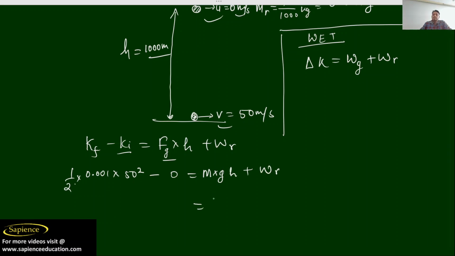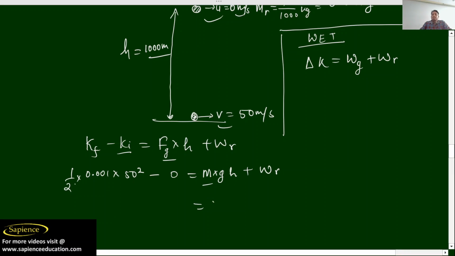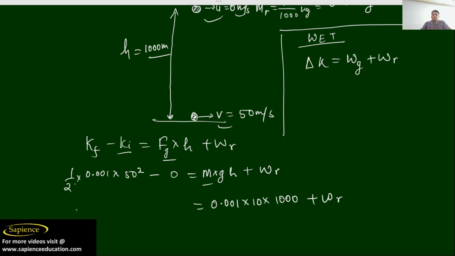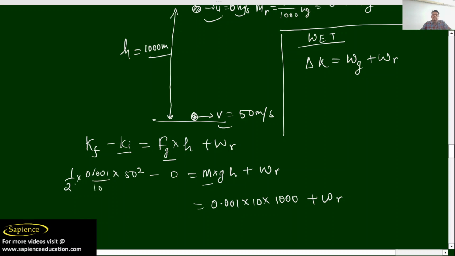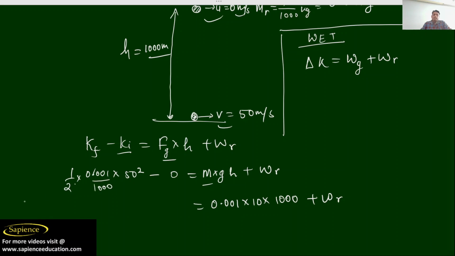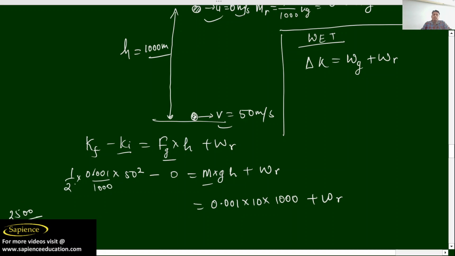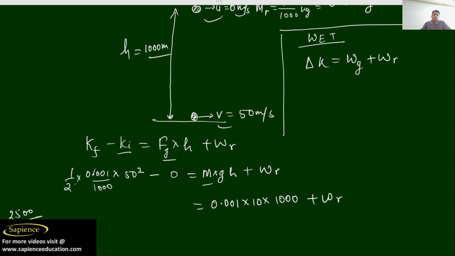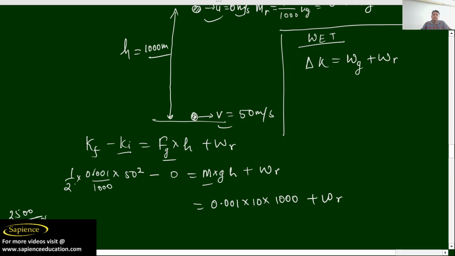So I will go to the next step. Mass of the raindrop is 0.001 kg, into gravity value 10, into height 1000, plus work done by resistive force. If we calculate, 5 5 are 25, double 0, divided by 2 into 1000, so this gets cancelled out.